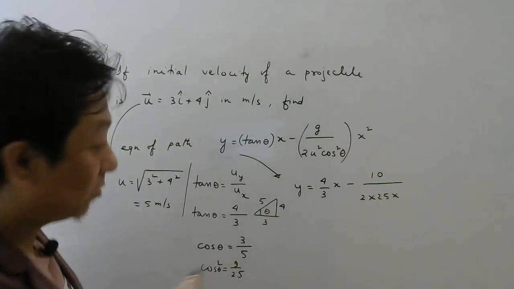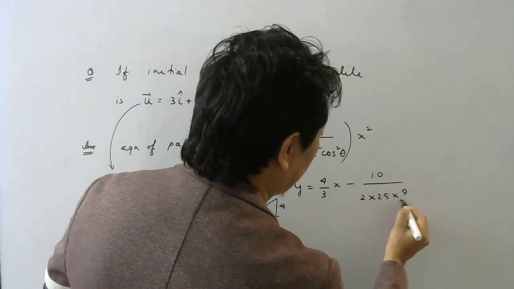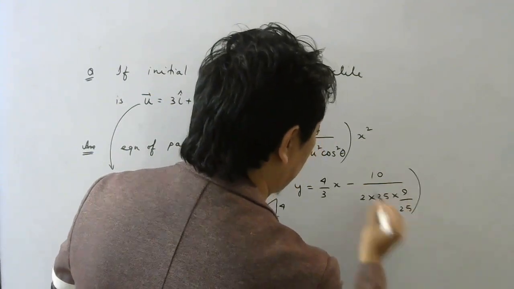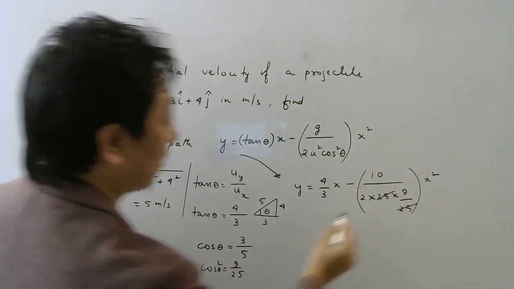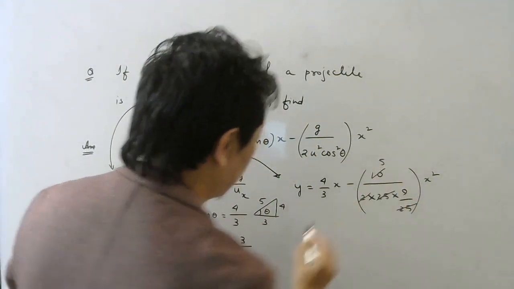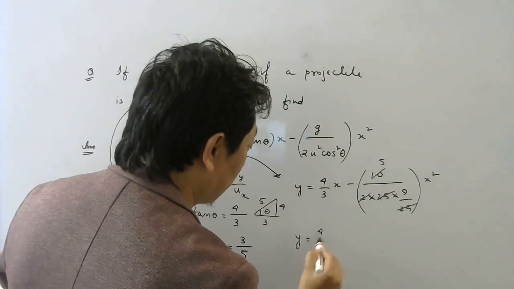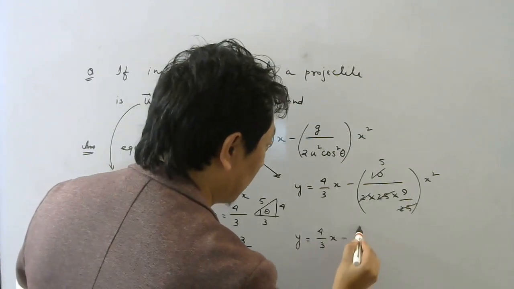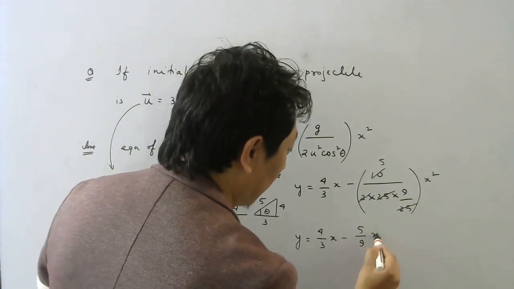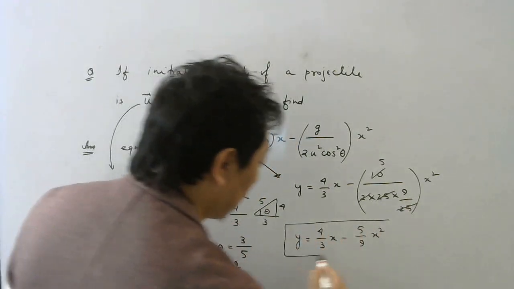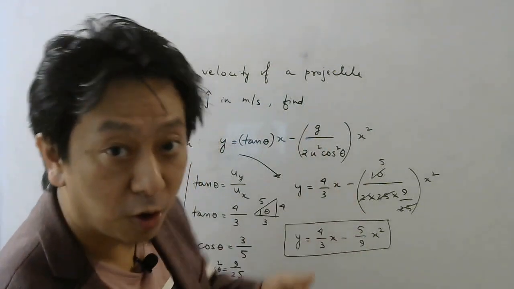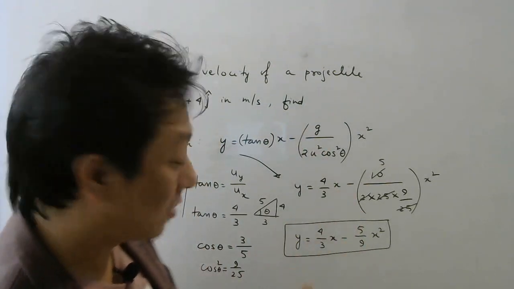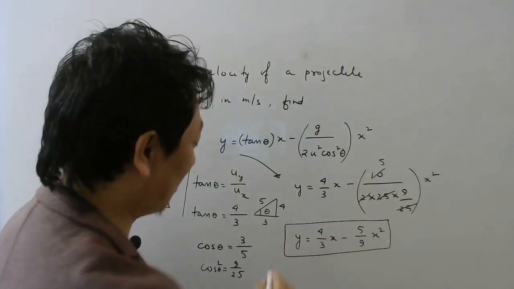So we will substitute here 9 by 25 times x square. 25 gets cancelled with 25. 2 5s are 10 here. So the equation of the path is 4 by 3x minus 5 by 9 x square. So if this comes as a multiple choice question, then you may get 4 options with 4 different equations. The one which is this one you should take. Right? Let us see the next question.